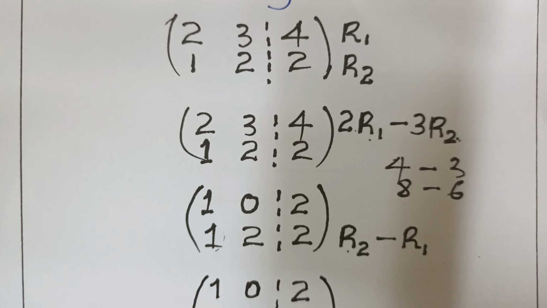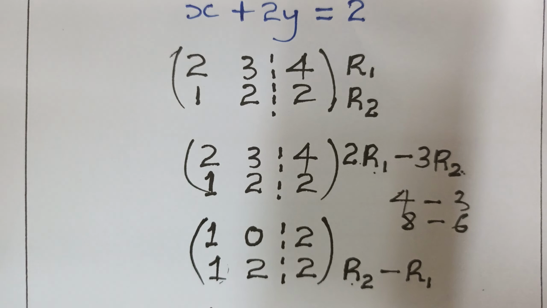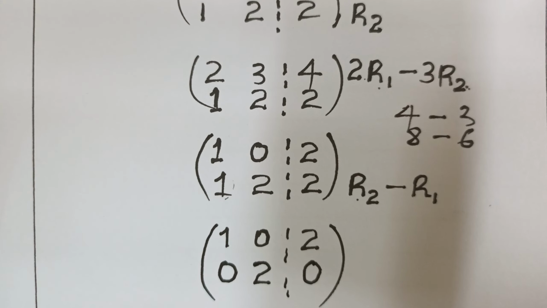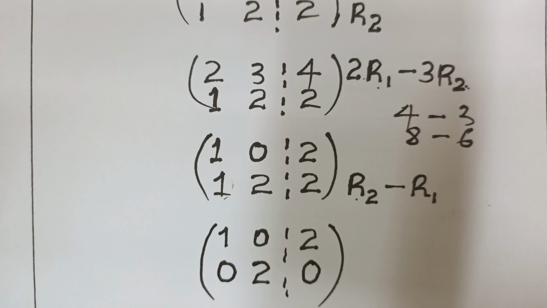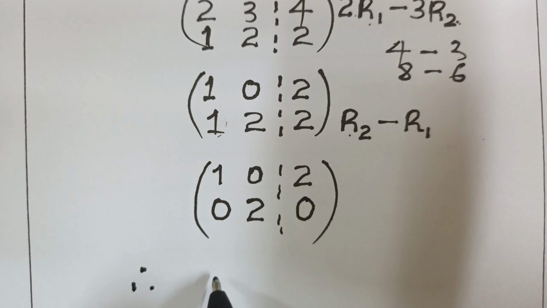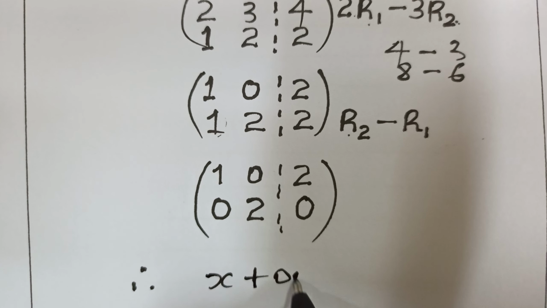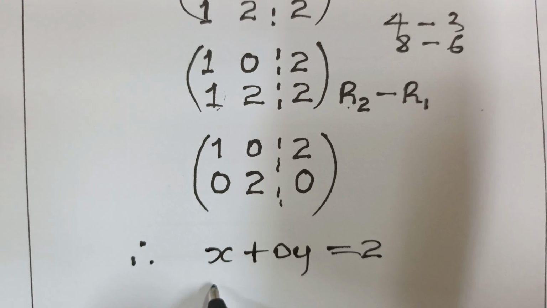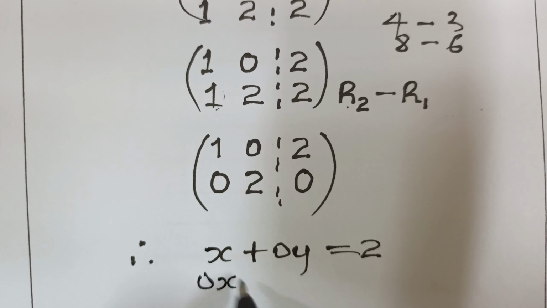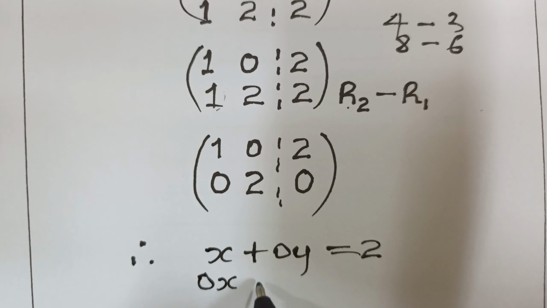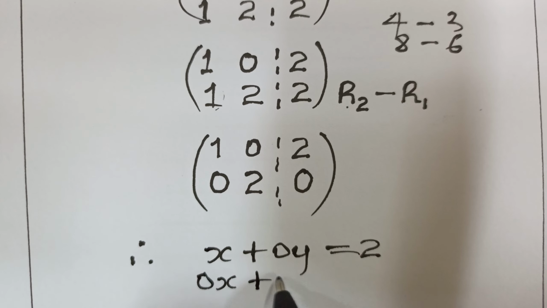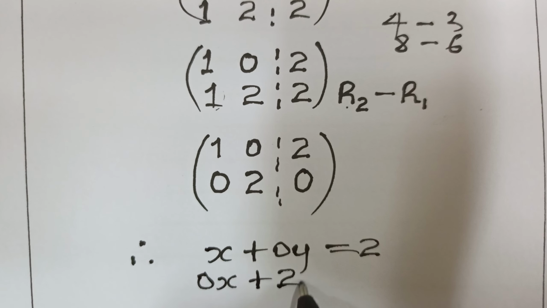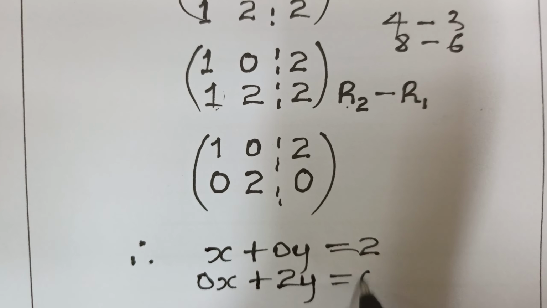This matrix can be written as x plus 0y equals 2 and 0x, of course this is 0, plus 2y equals 0.